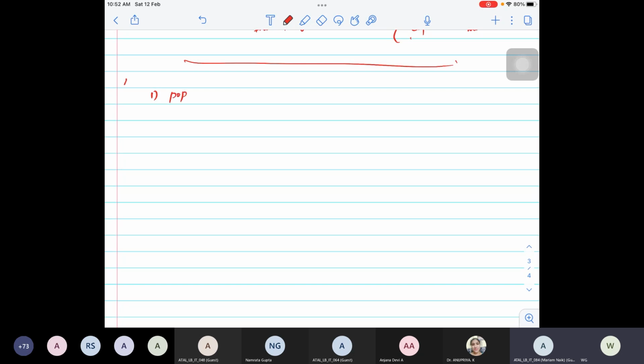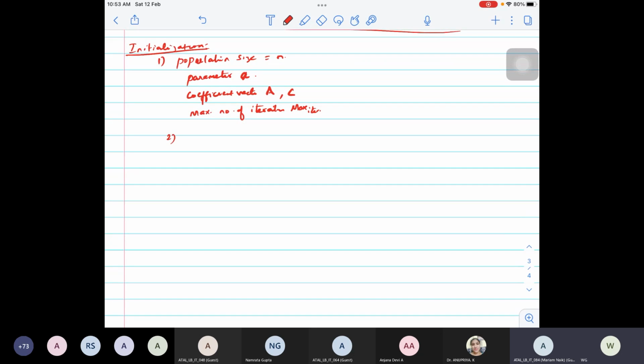So we have initialization, where you set the population size, then the parameter a, then the coefficient vectors A and C, and you also have the maximum number of iterations, max iterations. Then we have the time t equal to 0.